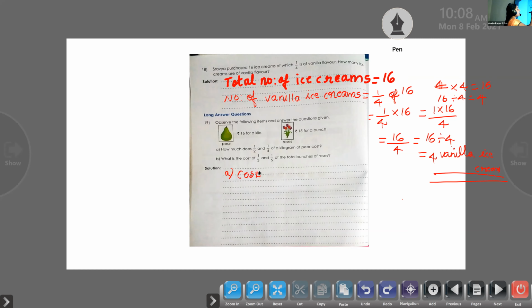So, cost of 1 kilo pear equal to rupees 16. Then what do we have to find? Cost of half kilo pear.